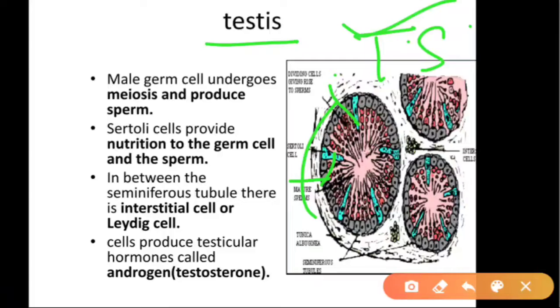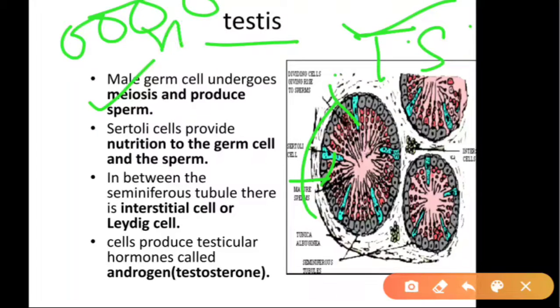The male germ cells undergo meiosis and produce 4 haploid cells, because the result of meiosis is 4 haploid cells. And Sertoli cells provide nutrition to the developing sperm.